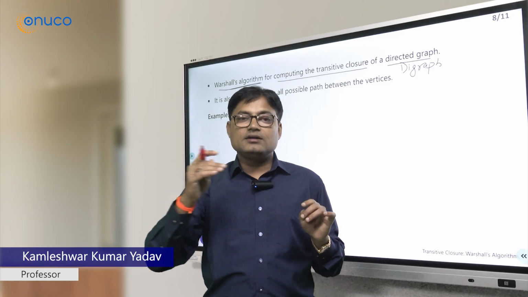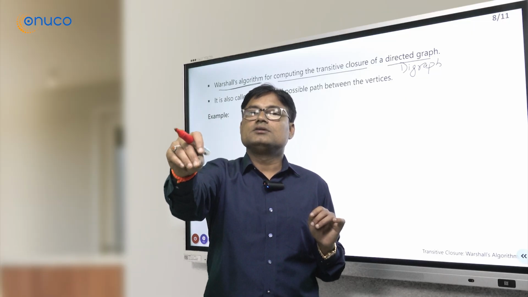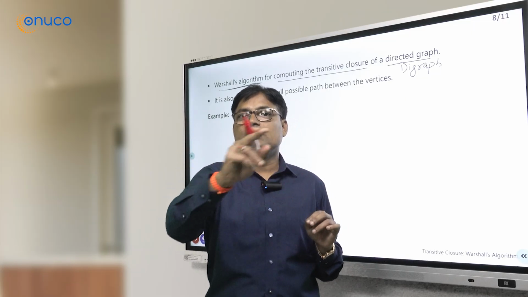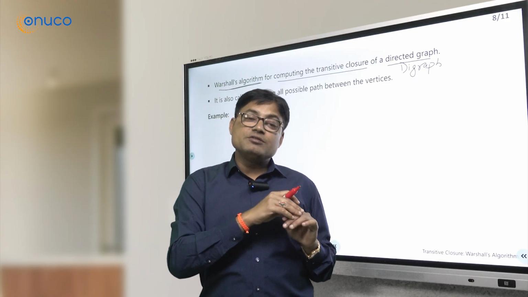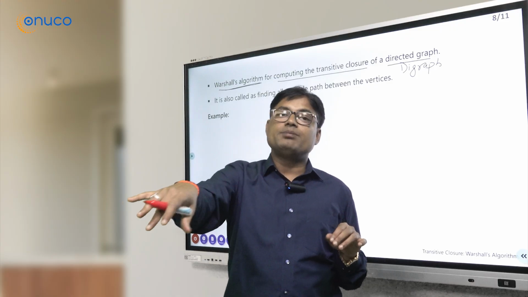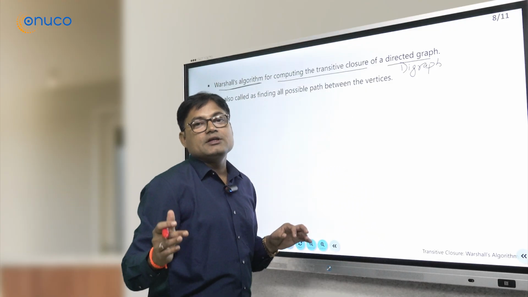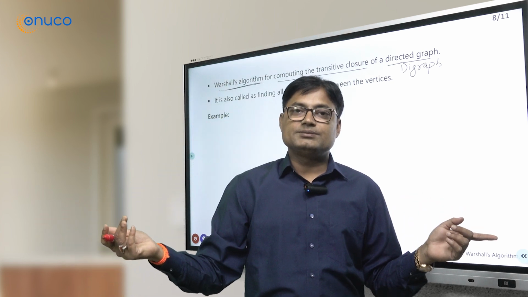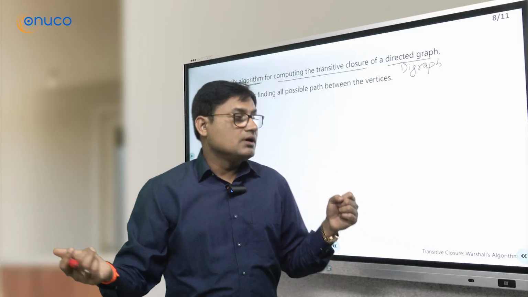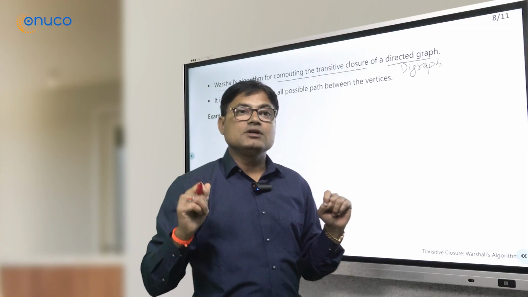Then you can say that yes, there is a path possible via vertex or city D, A to D and D to C, right? So WARSHALL'S algorithm will find out this kind of path via an intermediate vertex. Maybe the intermediate vertices will be 1 or 2 or 3 more, depending on the problem scenarios, but it is going to find out all possible paths between the vertices.